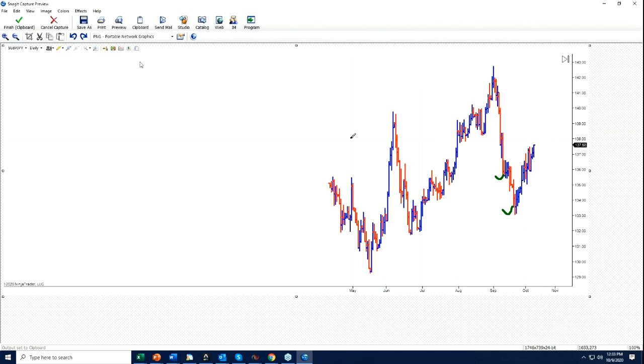This month has been a very difficult month. But I actually haven't come back into too much of a drawdown. I'm looking at my account now and I've lost about 10%.